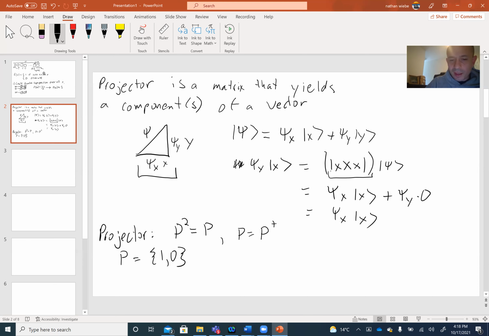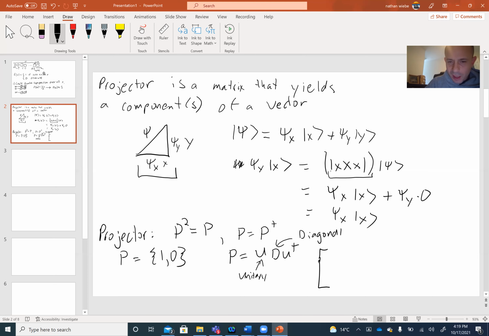The reason why is that any normal matrix can always be written as P is U D U dagger, where these are unitary matrices, and D is a diagonal matrix. And the diagonal elements of D correspond to the eigenvalues of this matrix. I guess more broadly, if we don't have a normal matrix, the singular values.